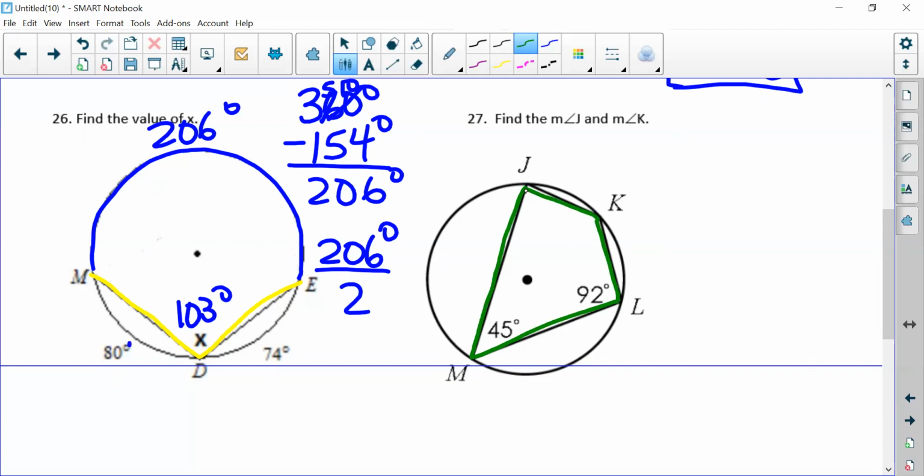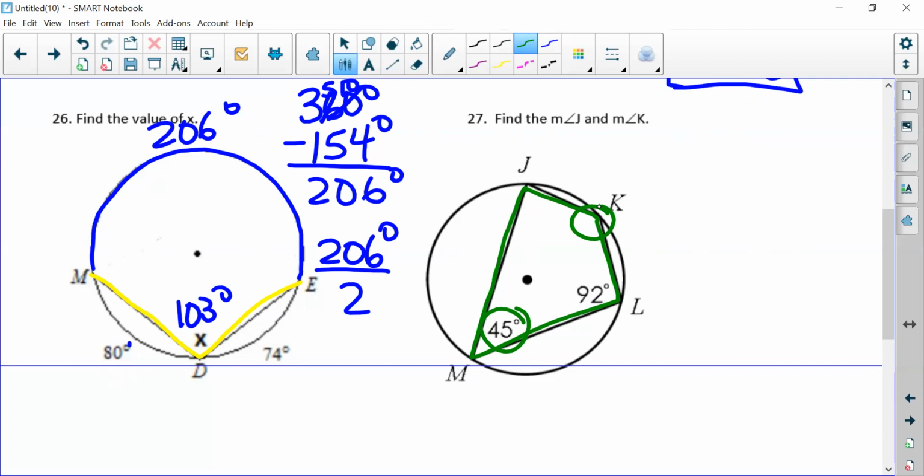We have a quadrilateral inscribed inside of a circle. According to our definition, the opposite angles M and K in a quadrilateral always are supplementary, which means the two angles added together have a sum of 180.